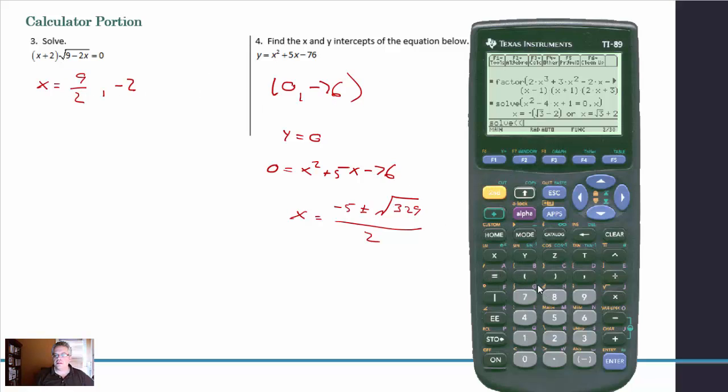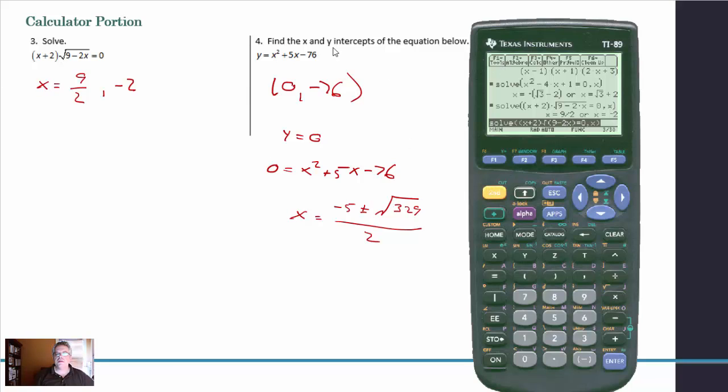So parentheses x plus 2, close the parentheses, then square root, and we have 9 minus 2x. I have to close the parentheses for the square root, then equals 0, and then I need a comma and an x to tell it what to solve for, and close the parentheses. Voila, 9 halves and negative 2.